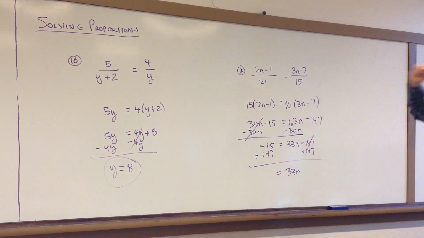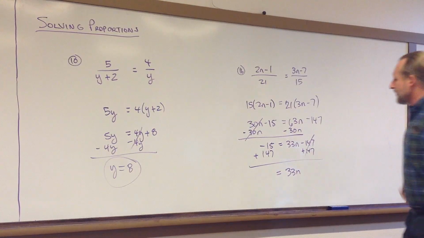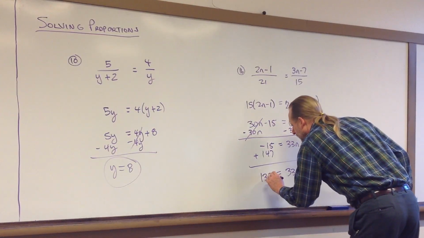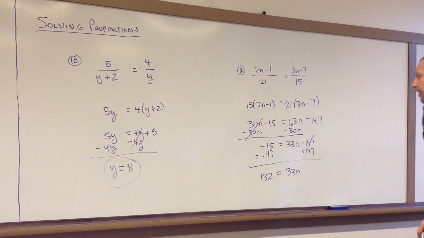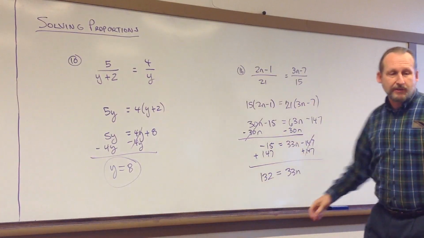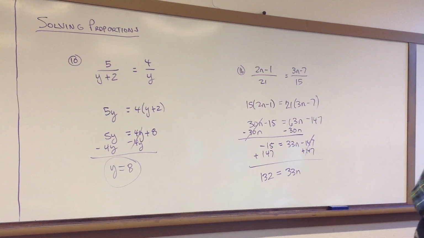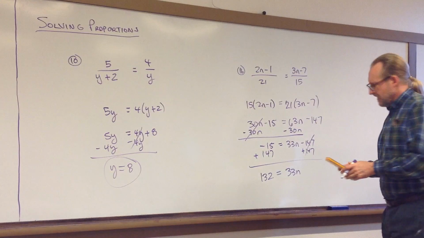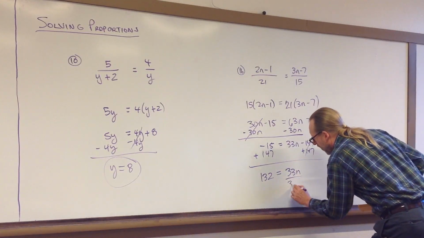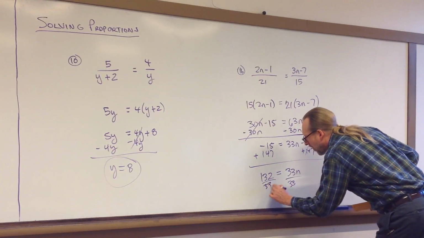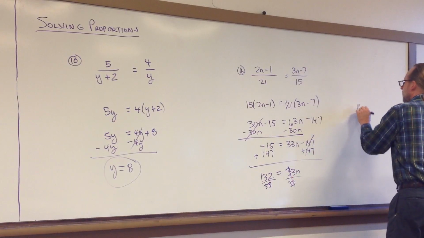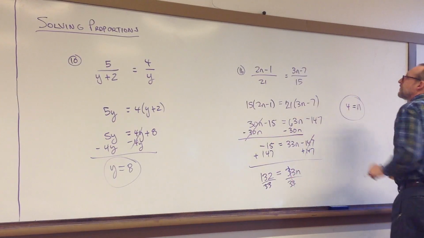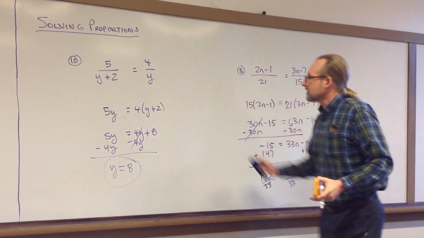And then over here, what is that going to be? 132 it looks like. Let's see here. Is that 33 times 4? I believe it is. 132 divided by 33 equals 4. There we go. So that cancels out and n equals 4. All right.